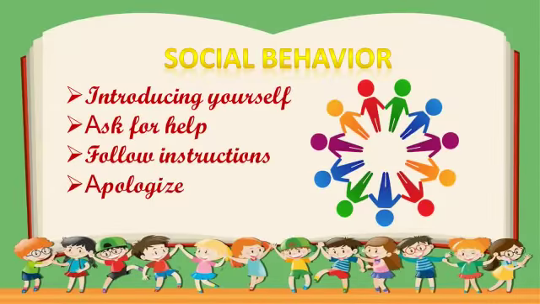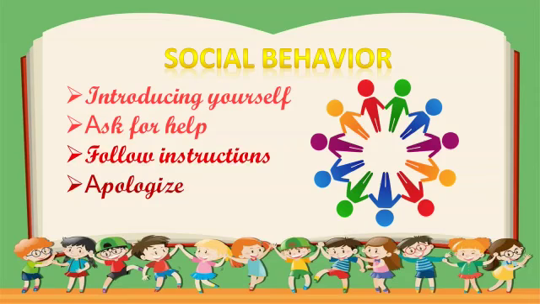Now today we are going to talk about good social skills which every kid should know. First one is introducing yourself. Every kid should learn how to introduce himself in the new environment with their peers. Next one is ask for help. Every child should be taught to ask for help if the situation around him or her is not favorable.